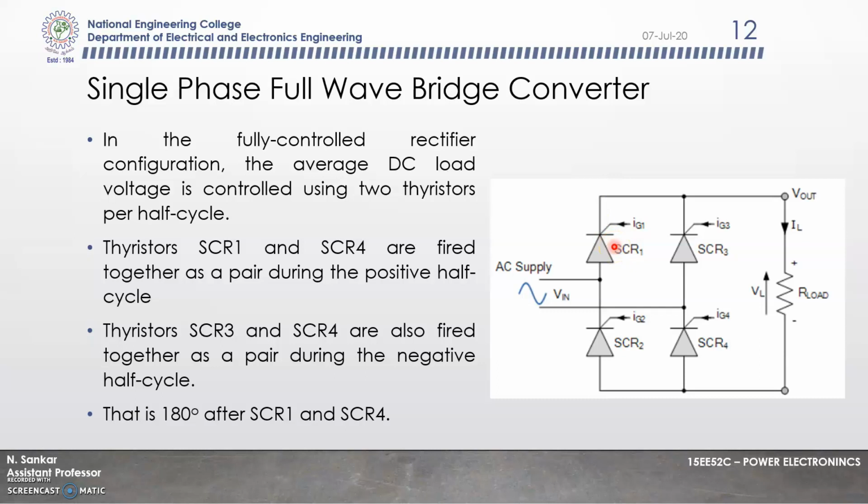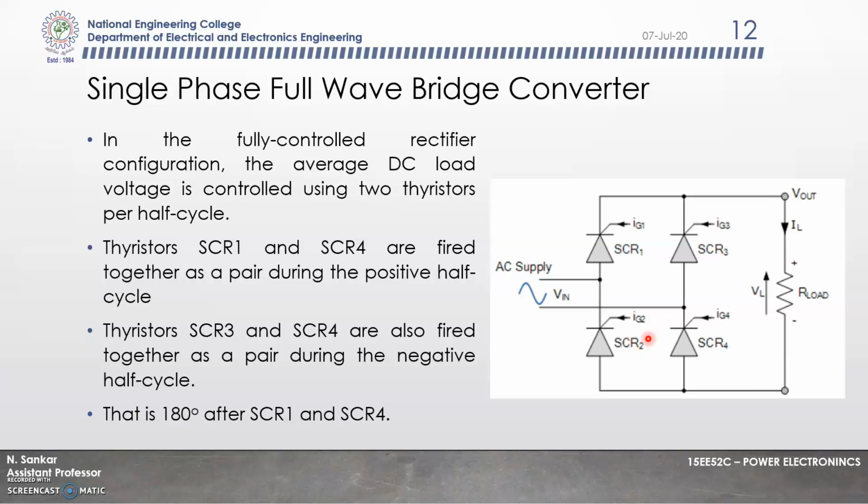For example, we trigger SCR1 and SCR4 for the positive half cycle and SCR2 and SCR3 for the negative half cycle. Positive for 1 and 4, and negative for 2 and 3, so the triggering has a phase difference of 180 degrees. After the completion of the first cycle, the triggering pattern gets repeated.